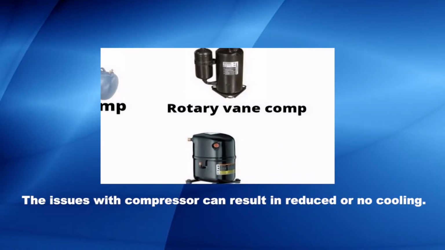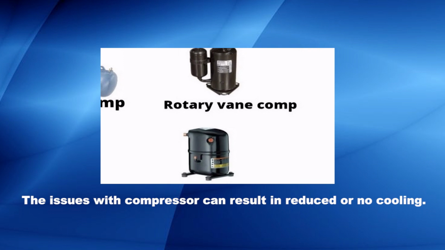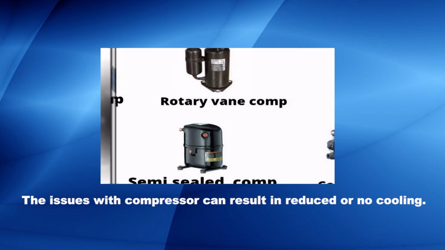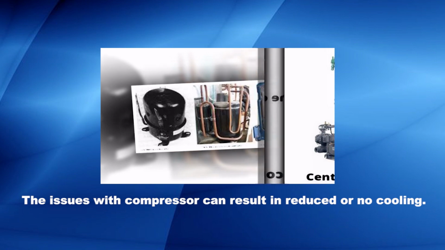Air conditioners can experience various defects and malfunctions over time. Some common defects associated with air conditioners are: number 1, the compressor issue. The issues with the compressor can result in reduced or no cooling.